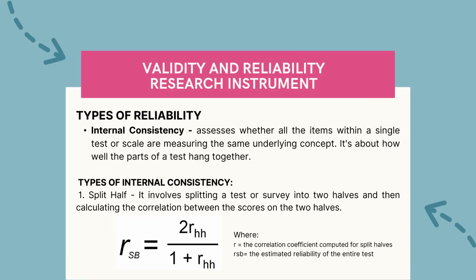Are you sure that all of the items in your research instrument measure the same underlying concept? That is the thing that you need to make sure of in your research instrument. That's why we have internal consistency. We do have types of internal consistency.